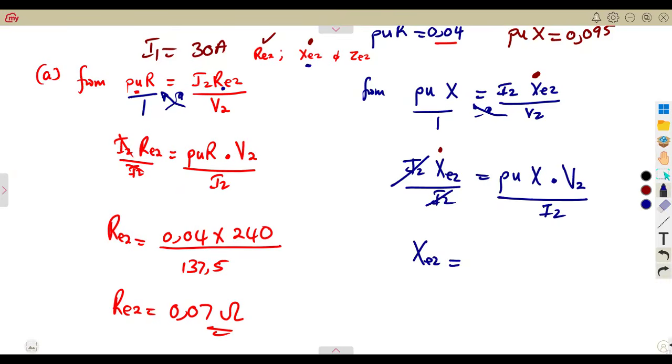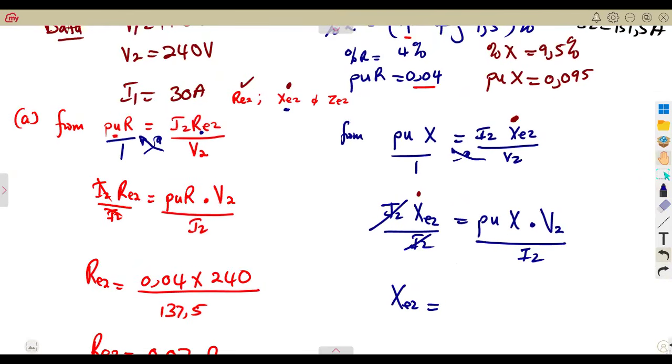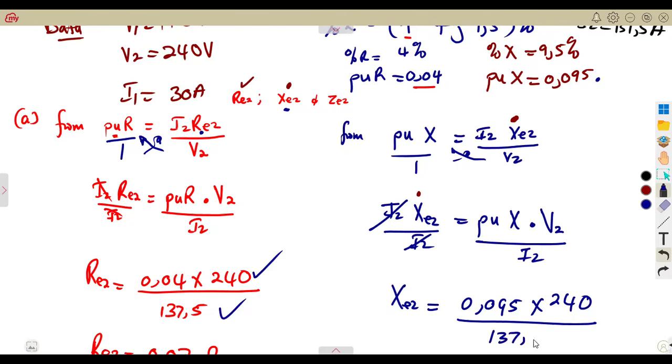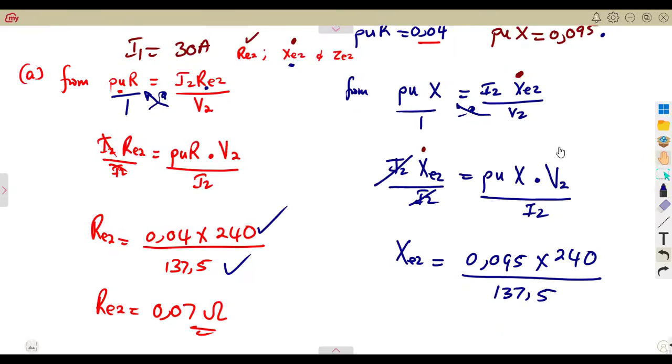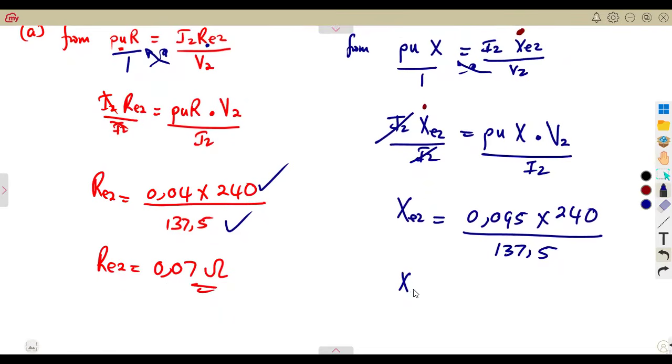Per unit reactance is the one that we have here: 0.095 times V2, which is 240, over I2, which is 137.5, the one that we calculated above. So we have our equivalent reactance as referred to the secondary side, which is 0.166 ohms.